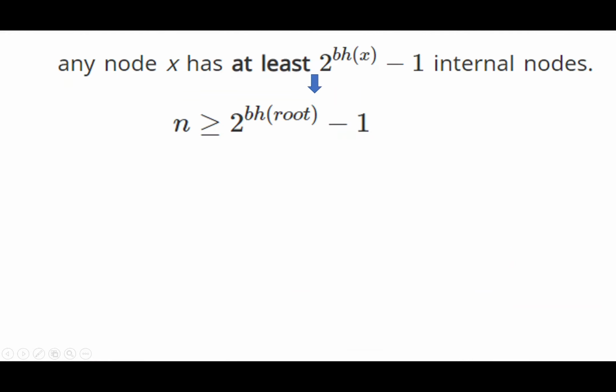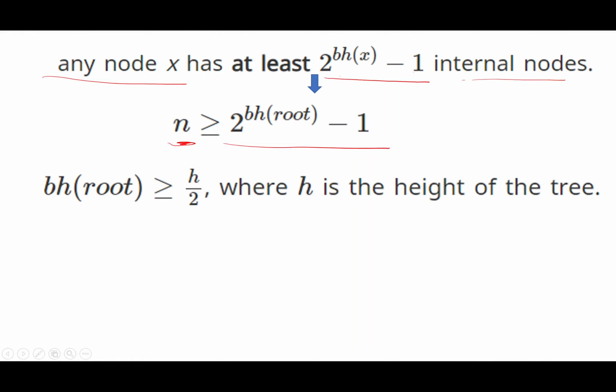With the two properties, for any node x, there are at least this number of internal nodes. So n should be larger than this number. And we also have the property for the root of the tree: the black height of the root should be larger than h divided by 2, where h is the height of the tree.